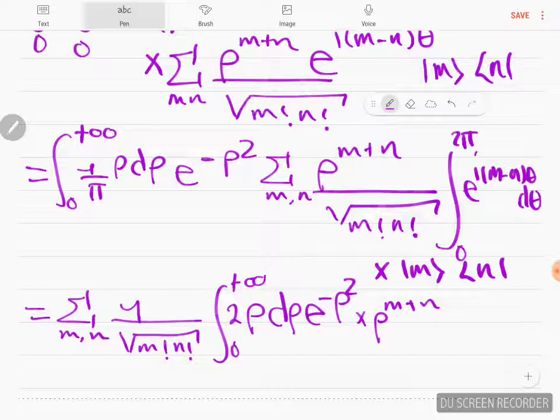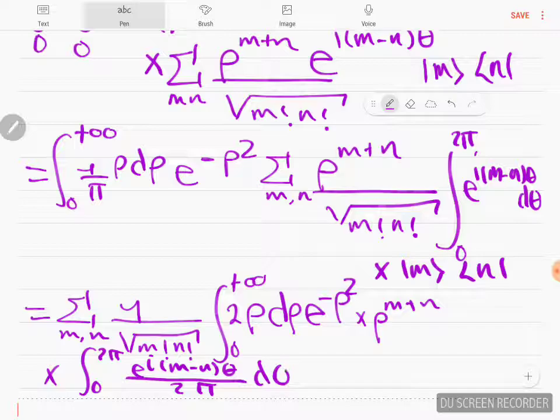And let me see what am I missing. The pi: I multiply above by 2, so I have over 2 pi. So this is times the integral from 0 to 2 pi of e to the i(m minus n) theta divided by 2 pi d theta.